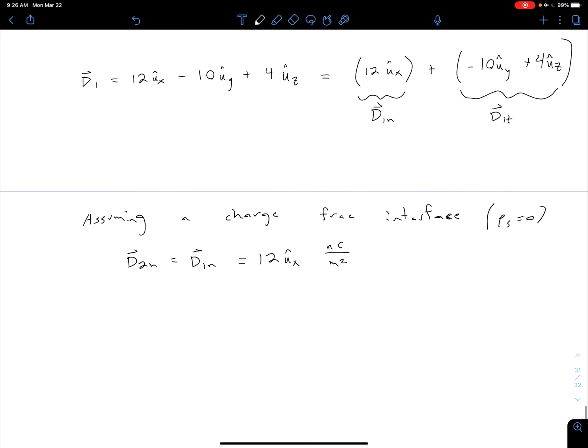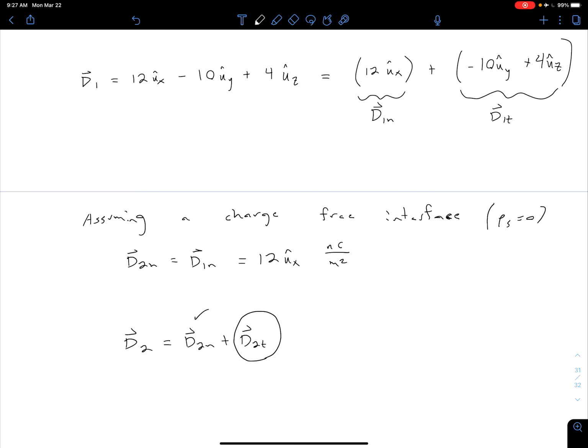Ultimately, though, we want to figure out our total D2, and we know that D2 in general is equal to our normal component plus the tangential component. We've got our normal component, now we just need to figure out our tangential component.